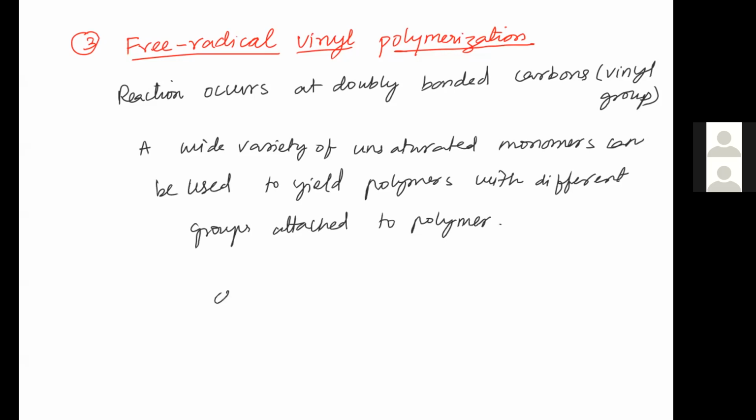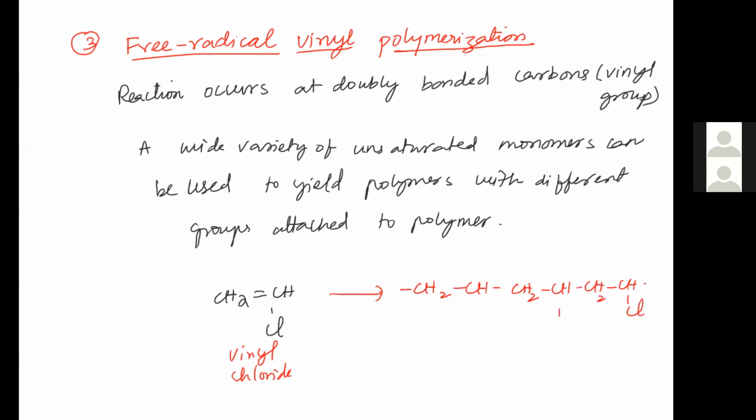For example, I have vinyl chloride. Vinyl chloride is going to form polyvinyl chloride, which is PVC.